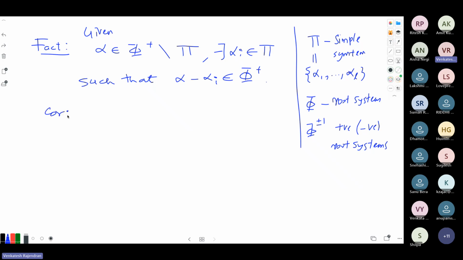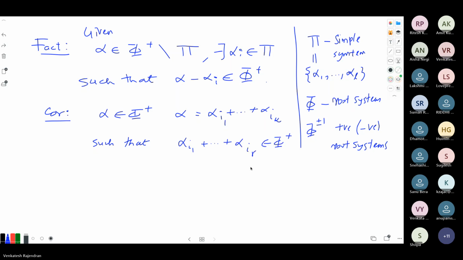As a corollary, you can immediately see that given any alpha in Phi plus, alpha can be written as alpha_i1 plus etc. plus alpha_ik such that the partial sums are positive roots.